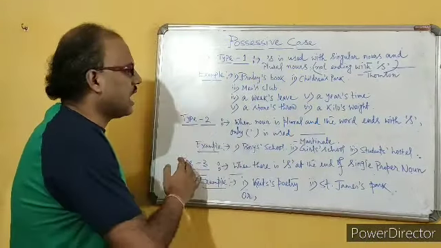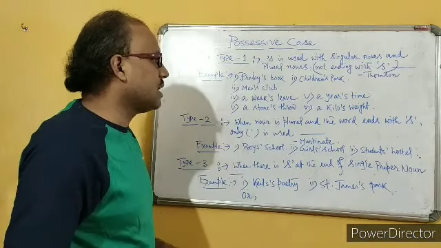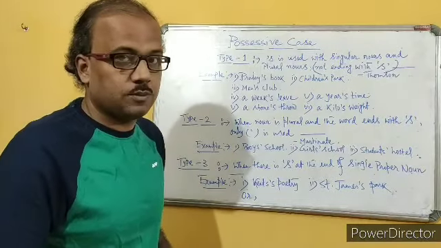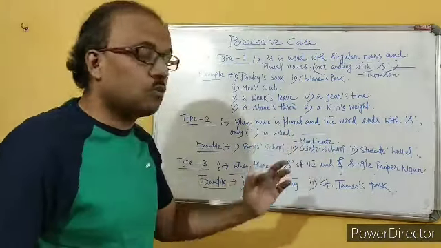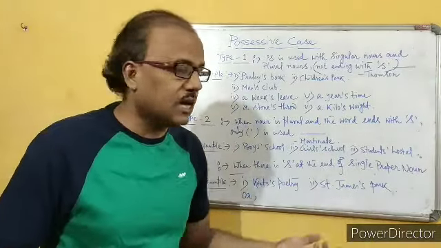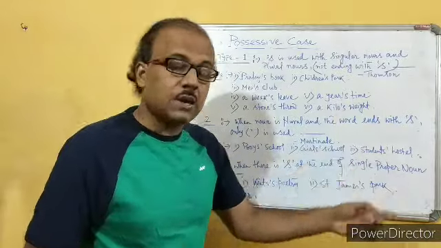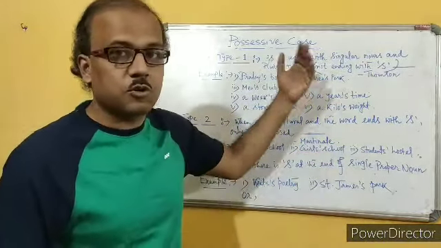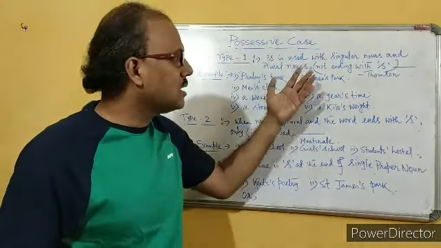Now come to type 2. When noun is plural and the word ends with S. When the noun is plural, not a singular noun, but a plural noun, nounটা যখন বহু বচনে থাকবে, প্লুরালে থাকবে, then the word ends with S, এবং সেই ওয়ার্ডটা যদি S দিয়ে এন্ড হয়, আগেরটা কি ছিল? ঠিক এর বিপরীত ছিল. It was quite opposite to it. কি ছিল ওটা?